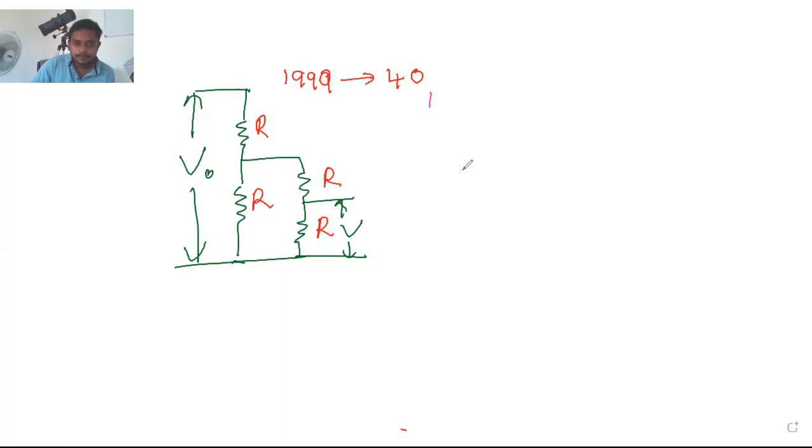Good. Rismi, you got the correct answer. That's good. Did anyone else get that answer? B is the answer, 1/5. Good. How can you do that?